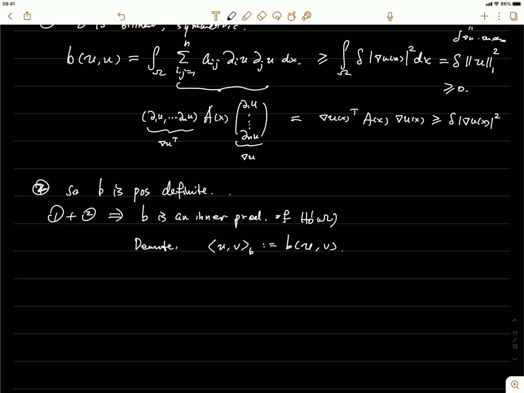With the inner product, we can also use it to define a norm, right? The B norm of u is just equal to the square root of B(u,u).